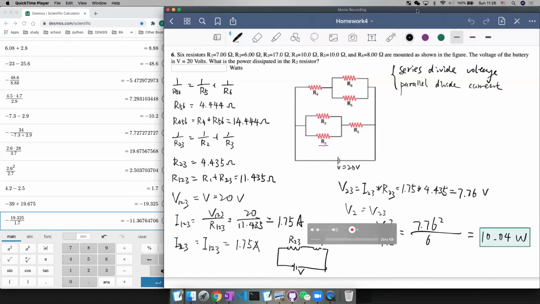I basically only had to get R equivalent for the top. And then after that, I find the total current. Hold up, how do you find the total current? I would use the voltage, which in your case, I guess it was 20, mine was 12, and then I would divide that by R equivalent of the top half of the circuit.